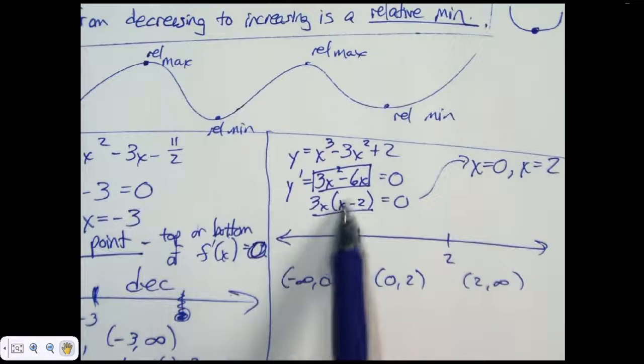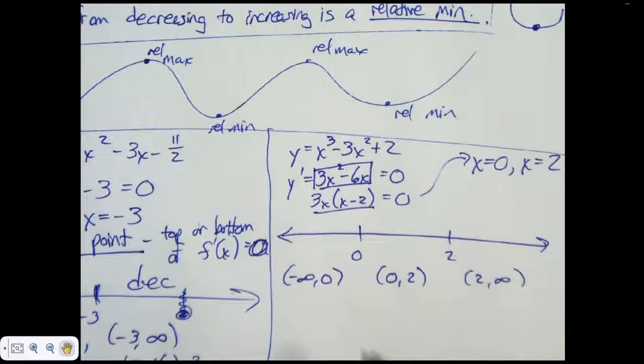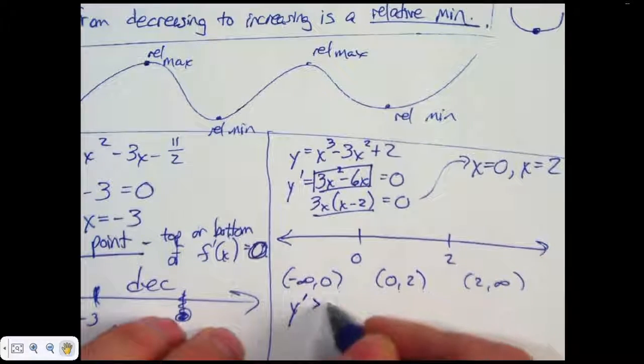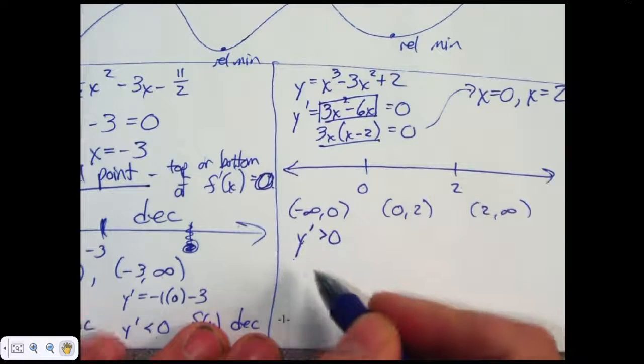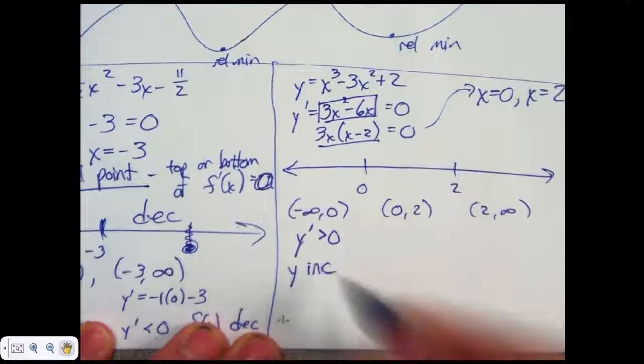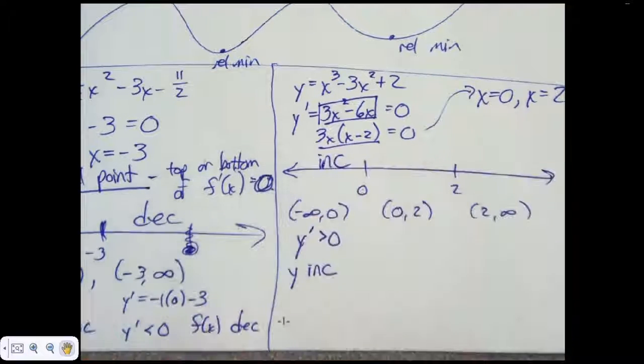Negative. Plug negative 1 in here, negative. So negative times negative gives you a positive. So y prime is greater than 0, which means y is increasing on that section of the number line.